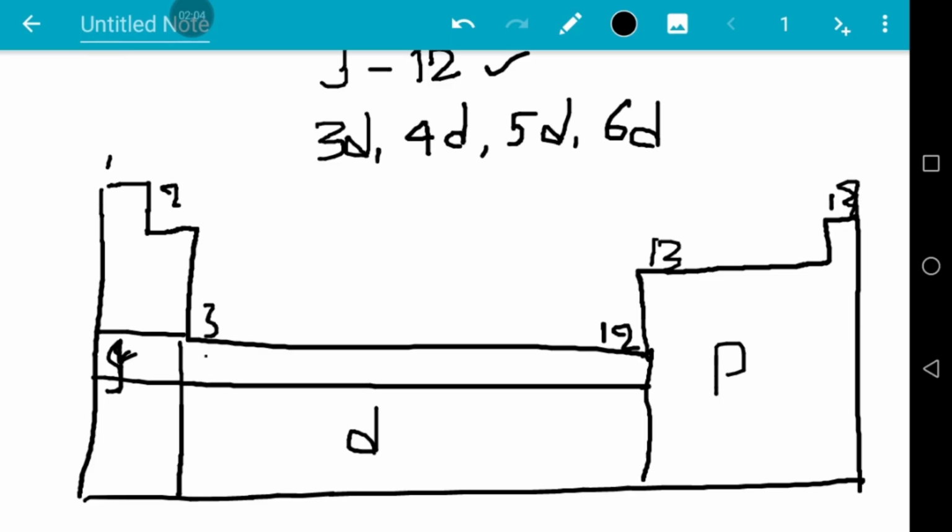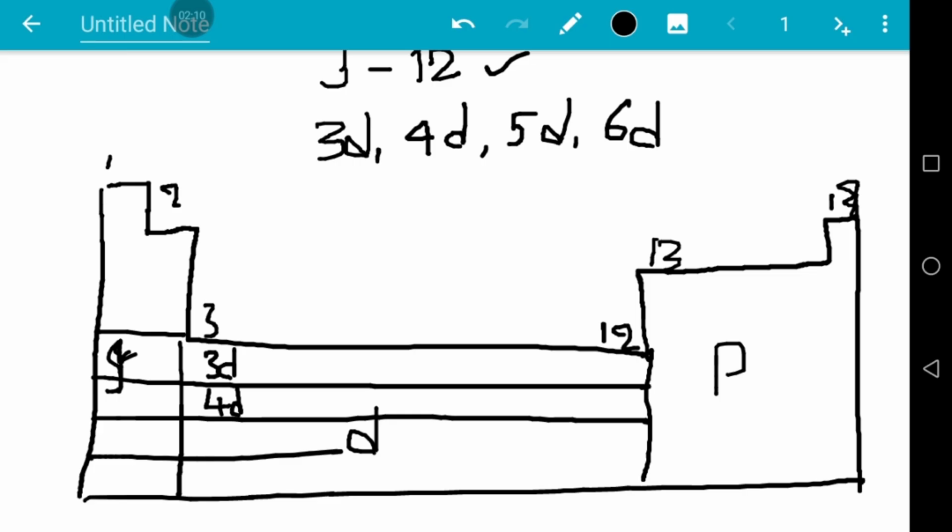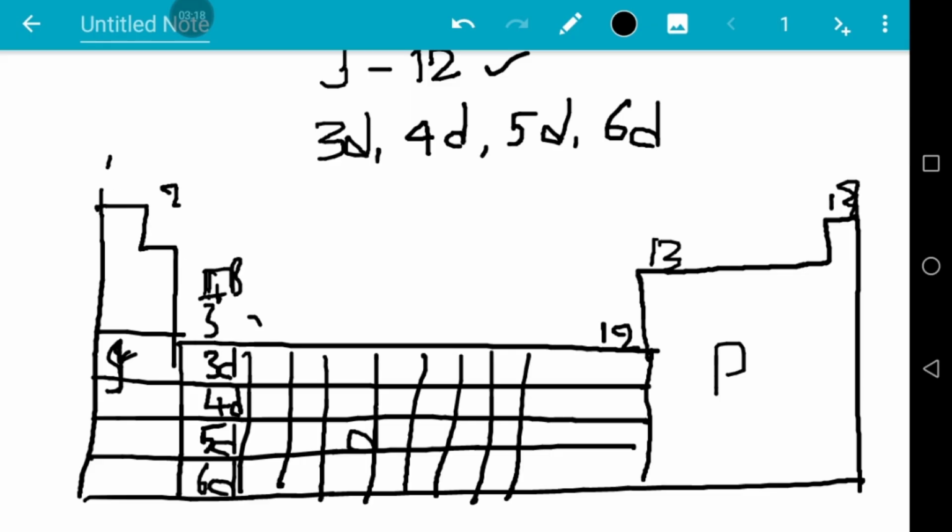This is the 3D series, next this is the 4D, next the 5D and 6D series. So totally 4 series are there. Now how to give the names: the third group is also called 3B, then 4B, 5B, 6B, 7B and 8B.